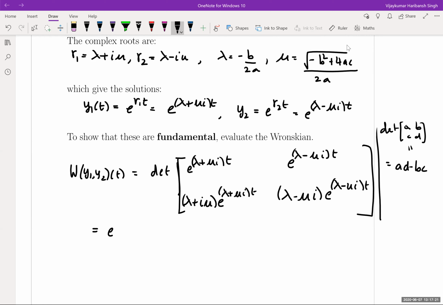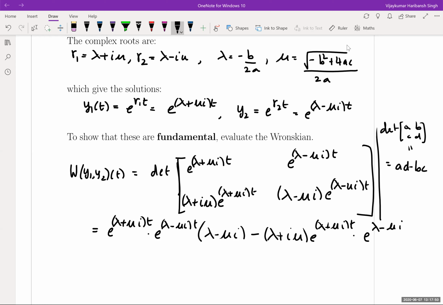We have e to the power lambda plus mu i t times e to the power minus mu i t times lambda minus mu i, minus lambda plus i mu, e to the power lambda plus mu i t times e to the power lambda minus mu i t.